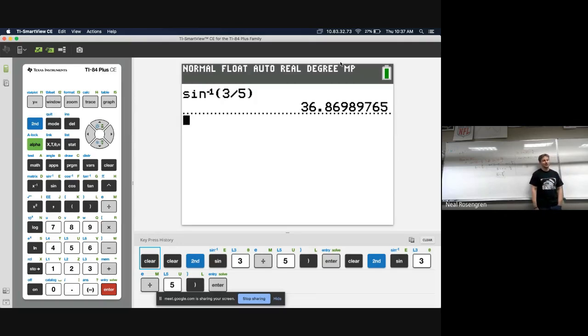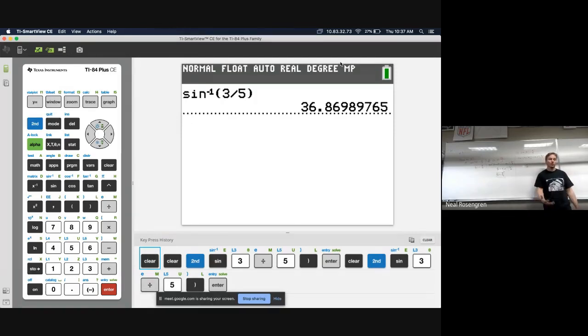36.86989765, and I've got a pretty good feeling that number is just going to keep going, right? That's 7, 8 decimal spots already. I bet that's going to keep going, and there's not really a whole lot of pattern. It's not 36.3333 or 15151515 or anything like that.